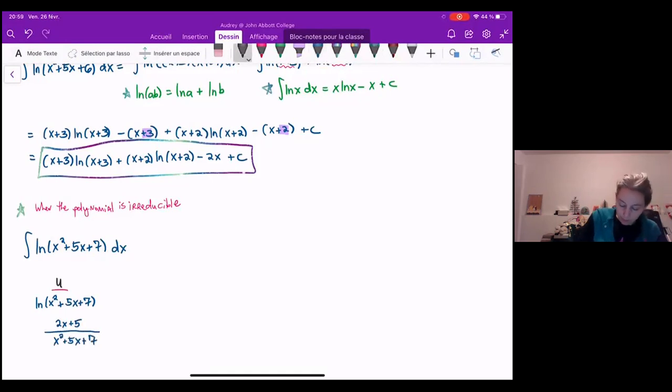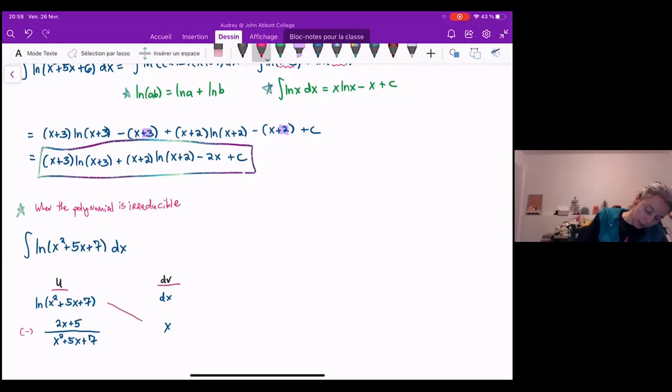And then dv over our dv is dx. So we let u be the function itself, and that means that all that's left over to be dv is dx, and the integral of dx is x.